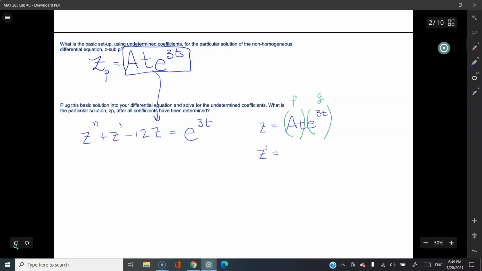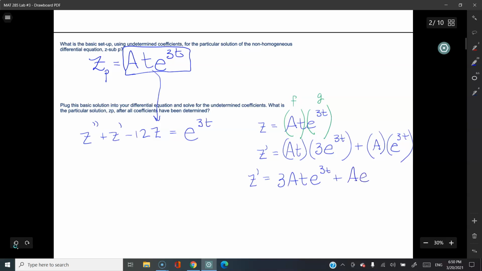So product rule says multiply the first function times the derivative of the second function, and then multiply the derivative of the first function with the second function. So what we've got for z prime is 3at e to the 3t plus a e to the 3t. This is what we're going to be plugging in for z prime in just a minute.